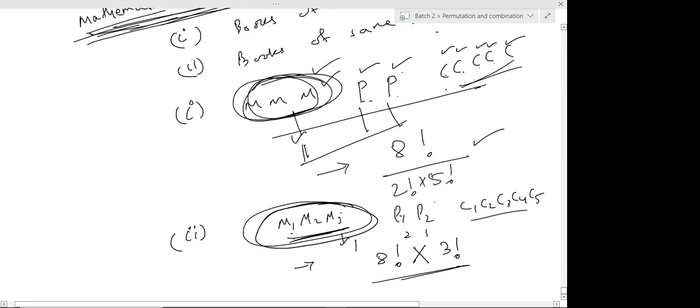Now the bag will move with the remaining 7 things. So in total you have 8 different things to arrange: the bag plus the 7 books. So 8 factorial is the answer. But in the bag itself, there are 3 books which can be arranged in 3 factorial ways. Yes, yes. So clear?